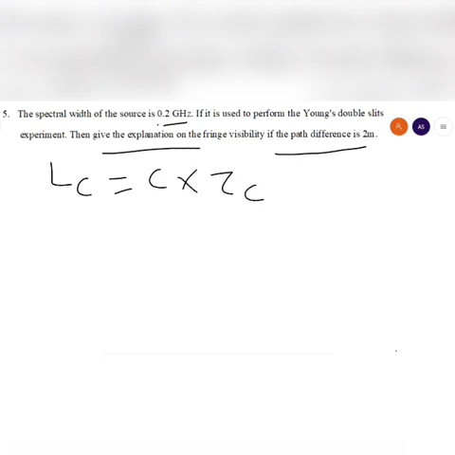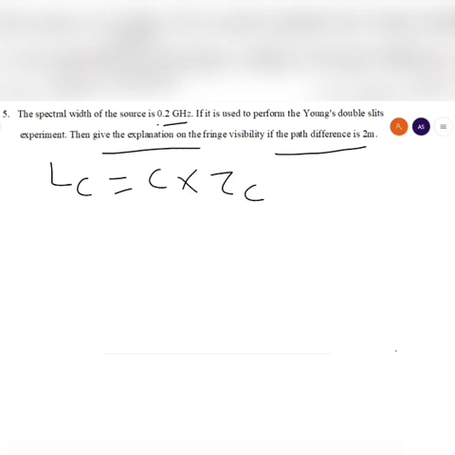Question number 5. The spectral width of the source is given, and this source is used in Young's double slit. The question asks you to give your explanation on the fringe visibility if the path difference is 2 meter. Now first you calculate the coherent length. Coherent length Lc is c into tau c.